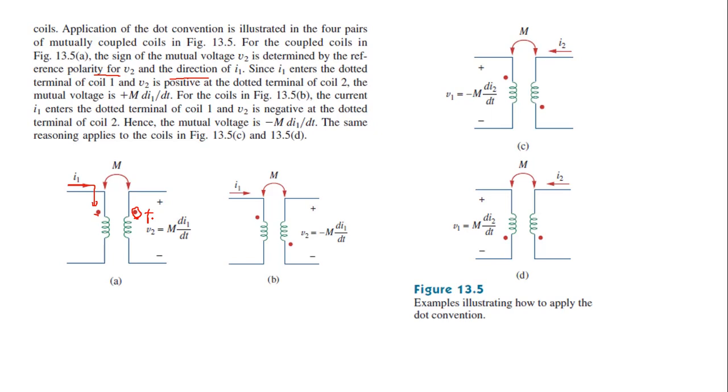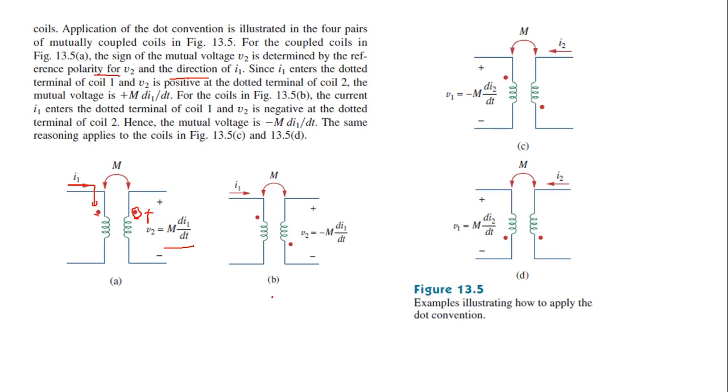So you see that this is a positive terminal. Now if you compare this with the reference positive, the assumed direction is correct. So we have a positive voltage. V2 is equal to M into di1 by dt. So this is the polarity for the mutual voltage.